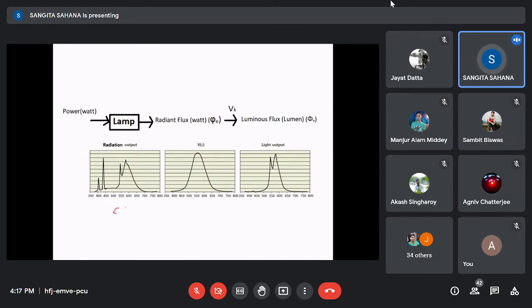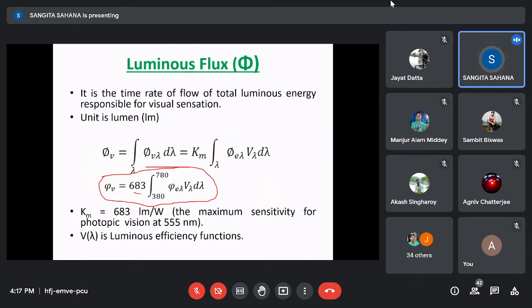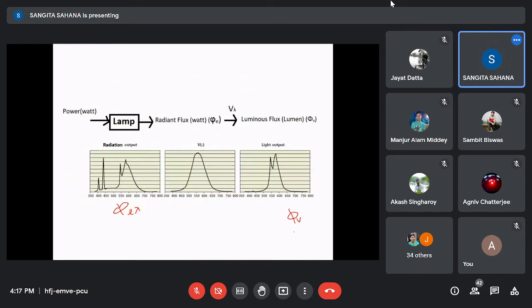So this is my phi lambda, and this is V lambda. So the total area under the curve, considering V lambda, we will get this phi V. From phi lambda to phi V.